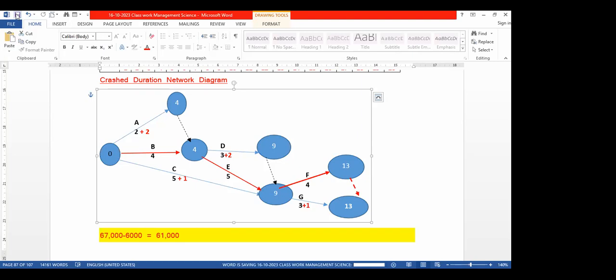So why did we not fully add all 2 days in the G? Only 1 day we have added. Why? Why did you not add all 2 days in the activity G?